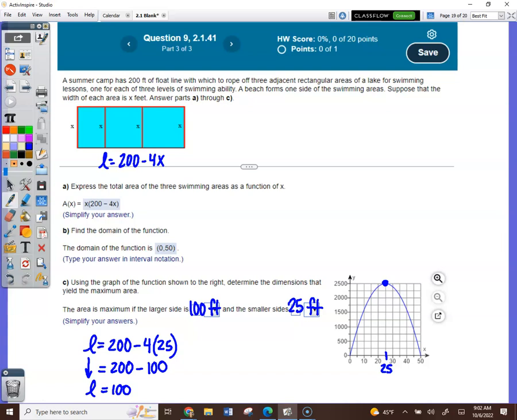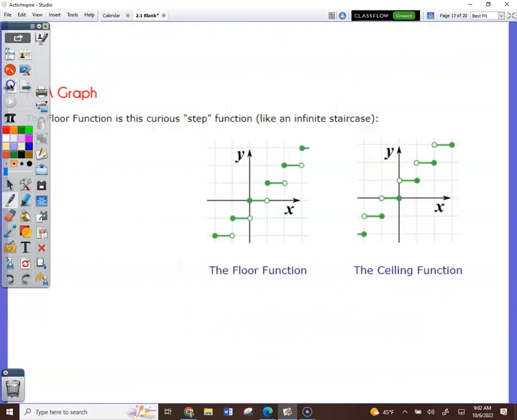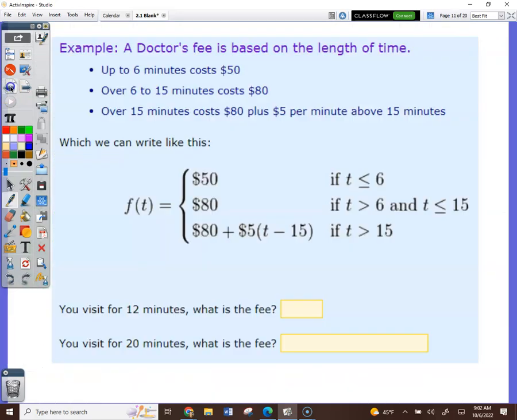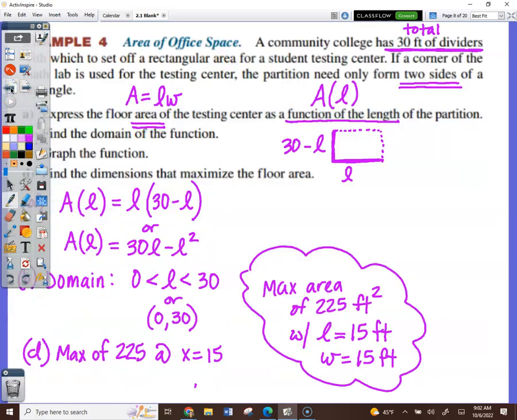What number is that? 5. Oh my gosh. Well, that's negative.